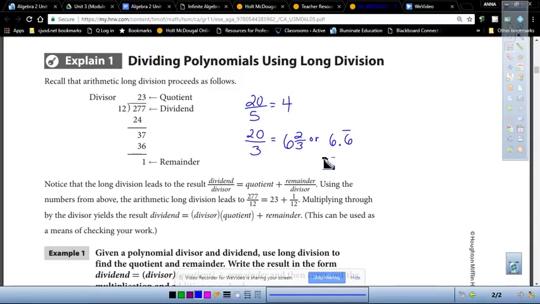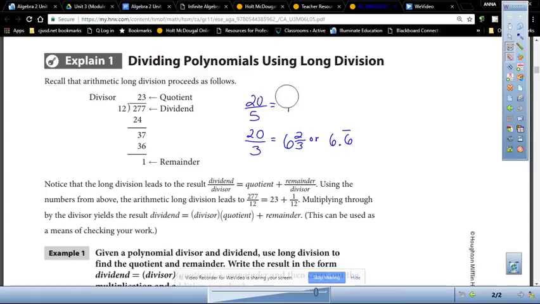And notice that is not an integer. So sometimes the division of two integers is an integer, and sometimes it is not. Keep that in mind as we're dividing polynomials.